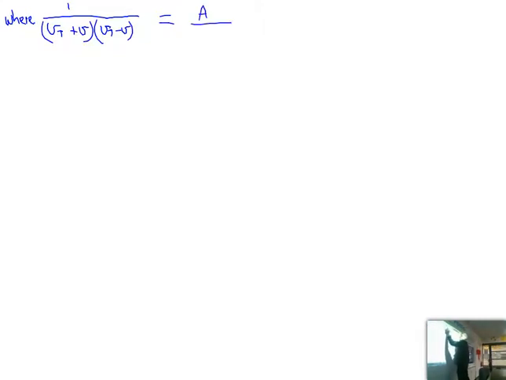Well, we separate into two fractions. All right. Cross multiply.